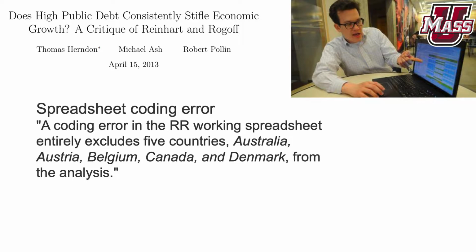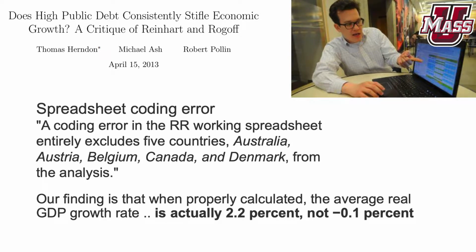And what's the result of that error? Well, actually, GDP growth is positive 2.2% at high debt levels, not negative 0.1%, okay? So this was a very significant error, one that many economists now ask, how many people are now unemployed because of this very simple Excel error.